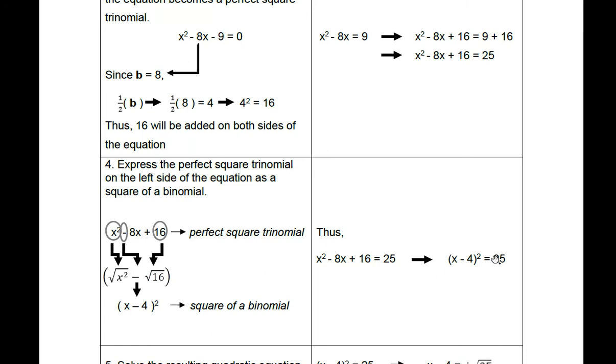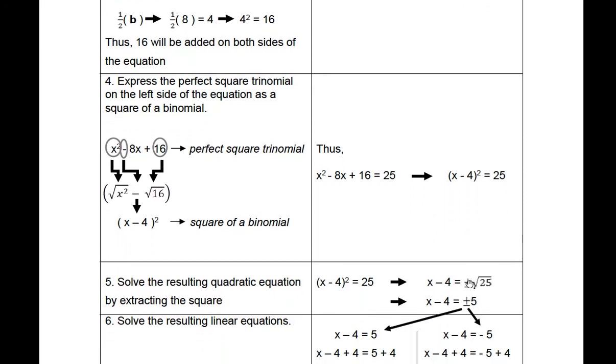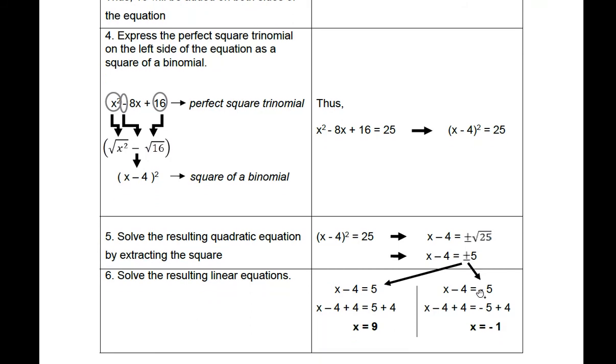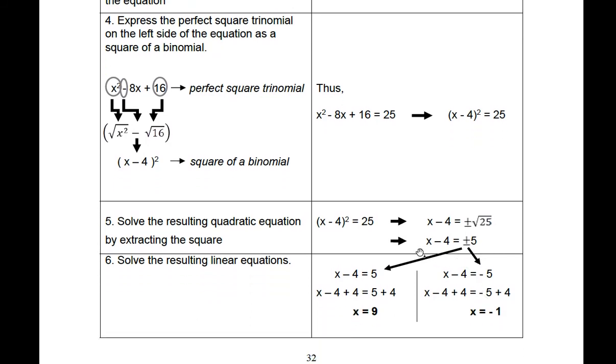So, square root both sides. When we apply square root to both sides, the squared is removed, and what remains is x minus 4, then positive negative square root of 25. So we have two equations. So, x minus 4 equals positive 5.